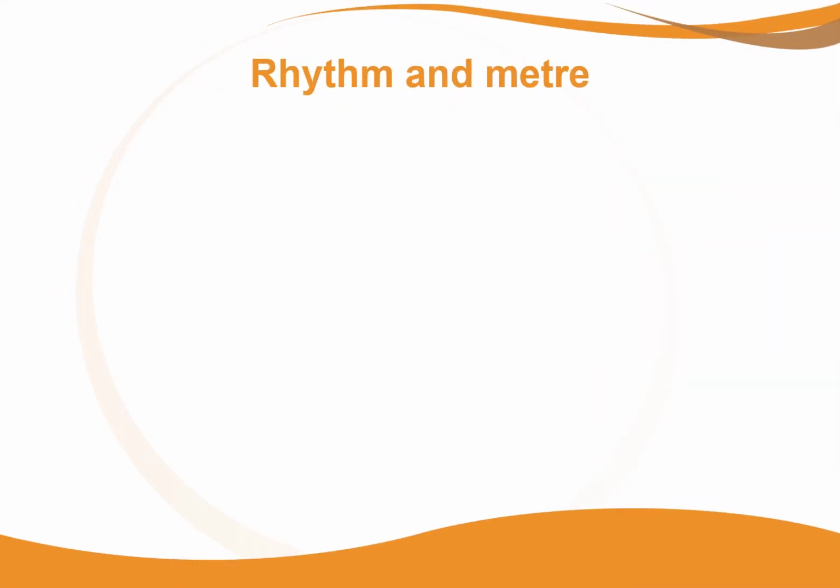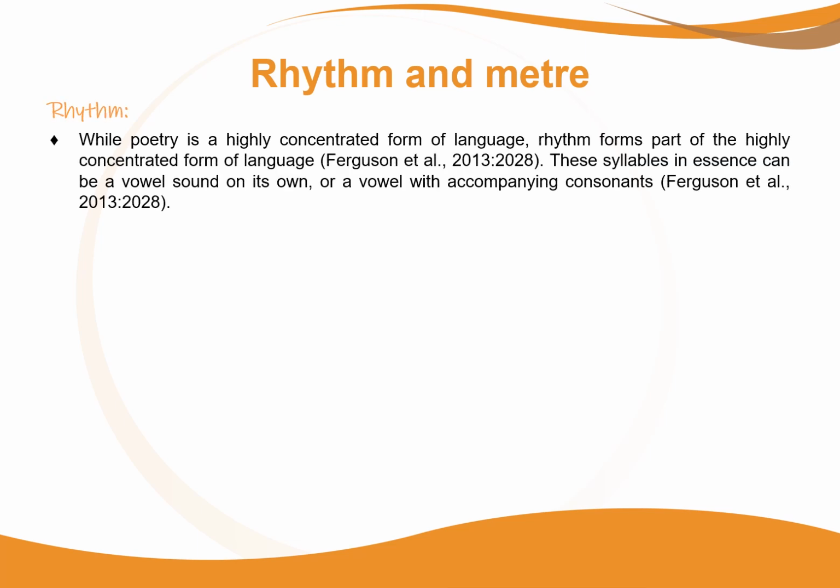Here we get to rhythm and meter. So with rhythm, while poetry is interpreted as a concentrated form of language, rhythm forms a very important part because it contains a number of syllables, and these syllables in essence can be vowels or vowel sounds on their own, or a vowel that is accompanied with consonants.